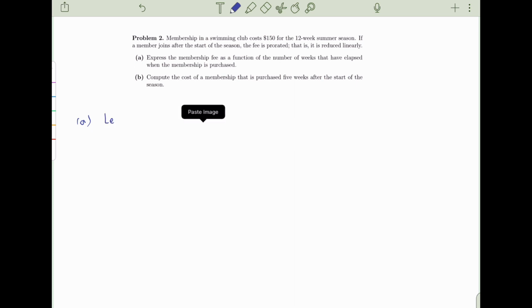Now we let x represent the number of weeks since the beginning of summer.